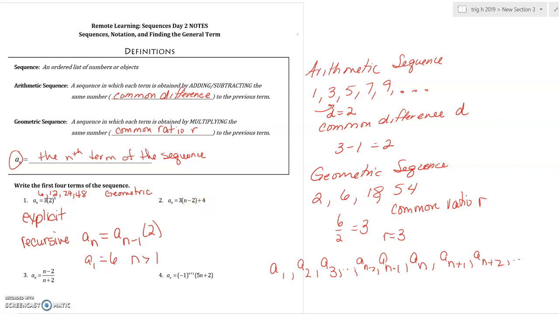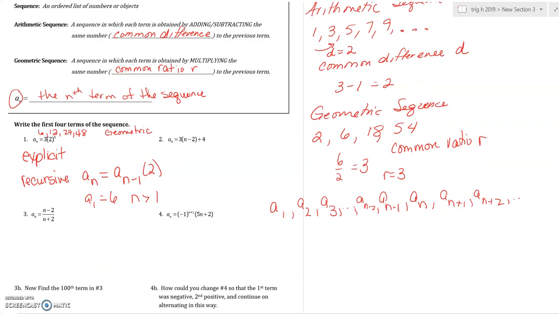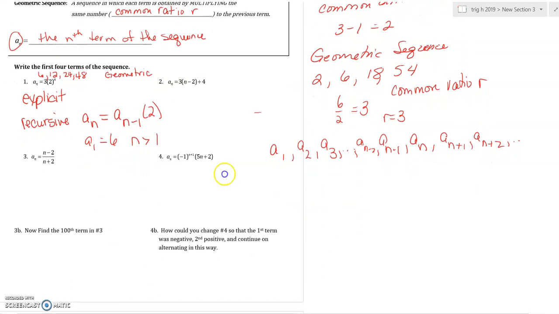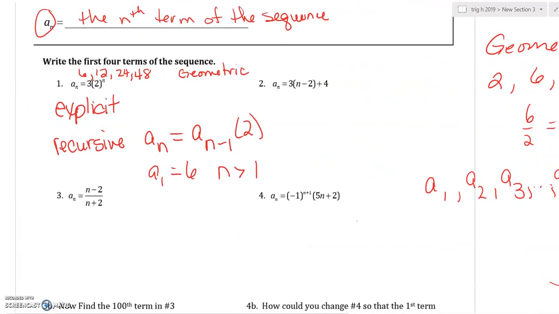For number 2, notice that we have another formula. Let's make this a little bit bigger. There we go. For the second one, we want to know the first 4 terms. Again, we could let n be 1. So the first term is 3 times 1 minus 2 plus 4, which is 1.